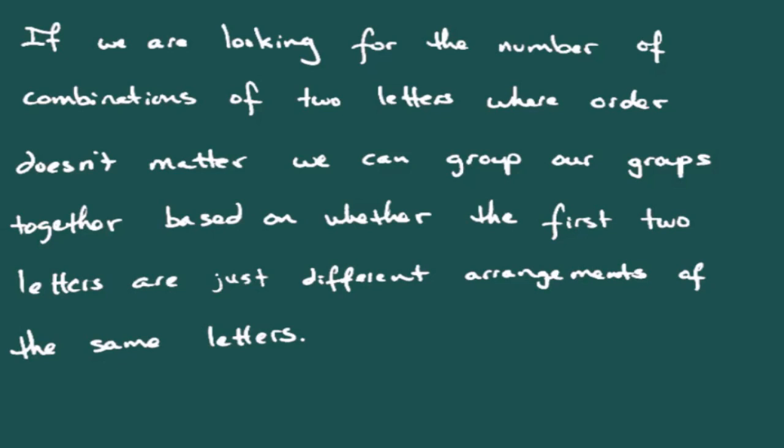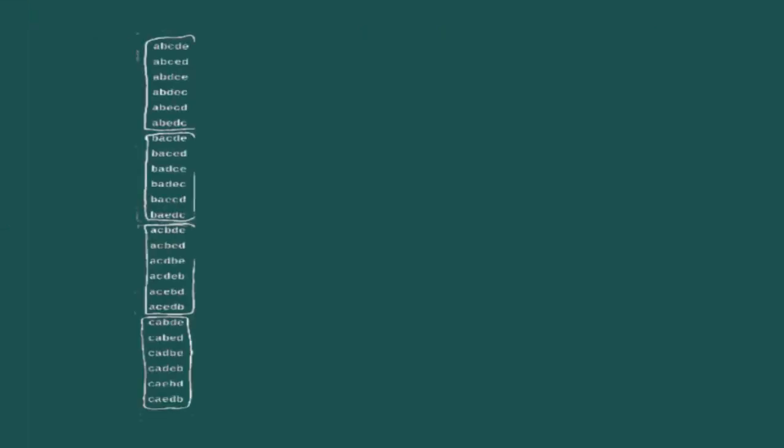So our smaller group where the first 2 letters were A, B, we put together with the group where the first 2 letters were B and A. Likewise, the group where the first two letters were AC, we put into the larger group where we had the letters CA. If we do that, what we find is that we've got two of our smaller groups in each of the even bigger groups.